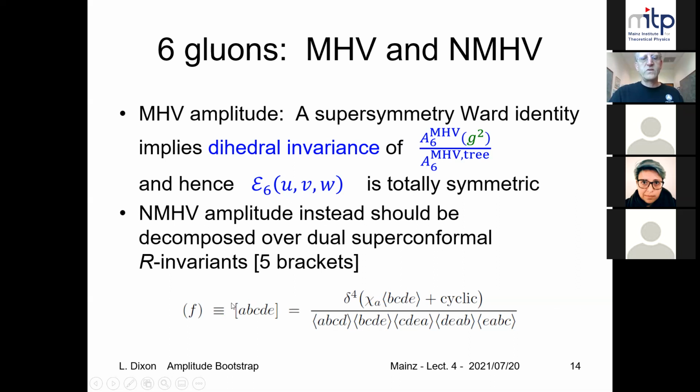So without going into a lot of detail, these 5 brackets that depend on 5 of the 6 variables can be written in a shorthand, which just introduces the 6th variable. So A, B, C, D, and E all have to be different for this to be non-zero.